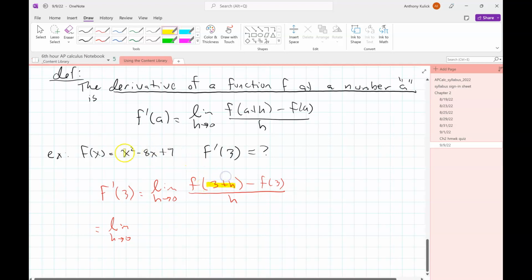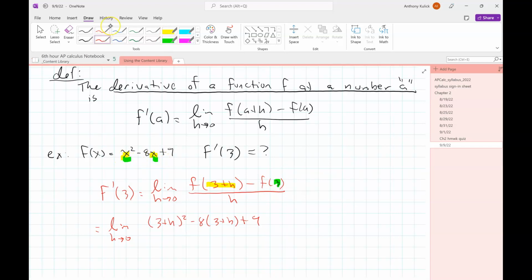I'm going to plug 3 plus h in for the x's in f of x, just like I would for a composition of two functions. And then how do I do f of 3? I'm just going to plug 3 in for x.